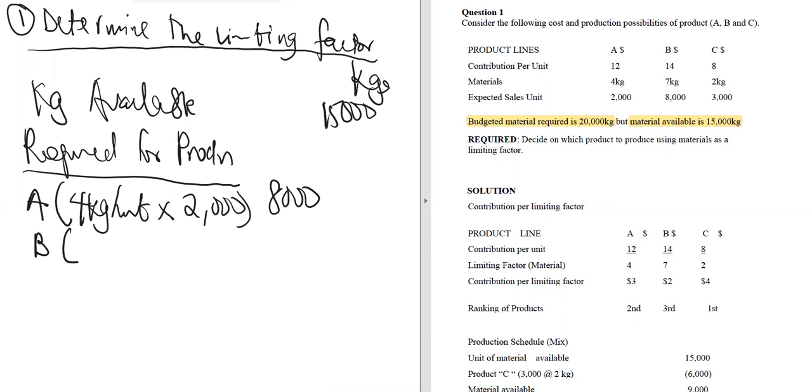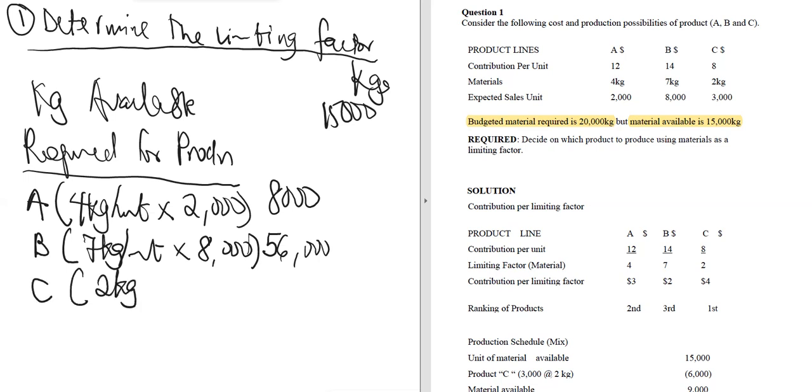For product B, we need 7 kg for every unit, and we are producing 8,000 units, so 7 times 8,000 is 56,000 kg. When we come to product C, we need 2 kg for every unit, but we are producing 3,000, so we need 6,000 kg to produce.